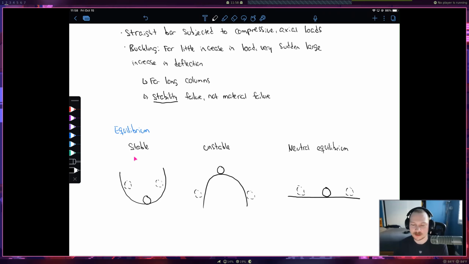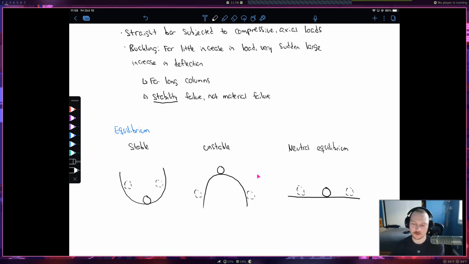So again, I think these kinds of drawings are a little weird. I mostly did them because they're in the textbook. But I think it's easier to actually think about the experiment itself. So we're going to be applying compressive loads on our columns, and we're going to get to this critical load, it's called.